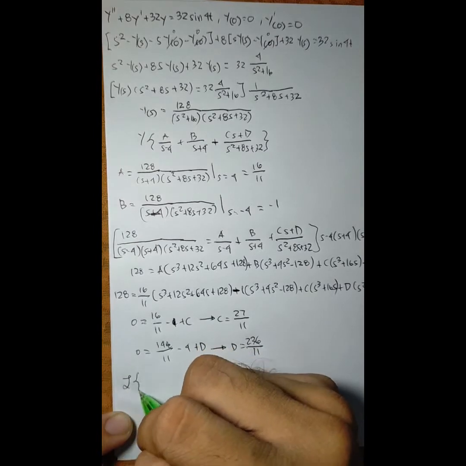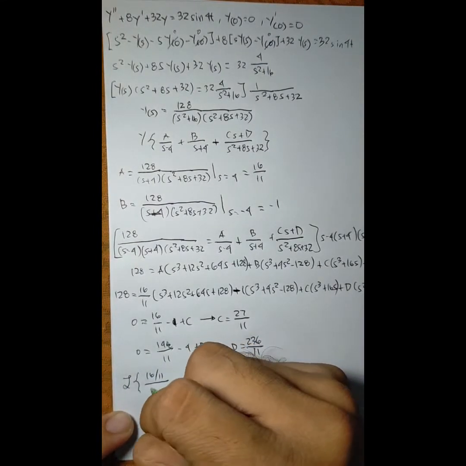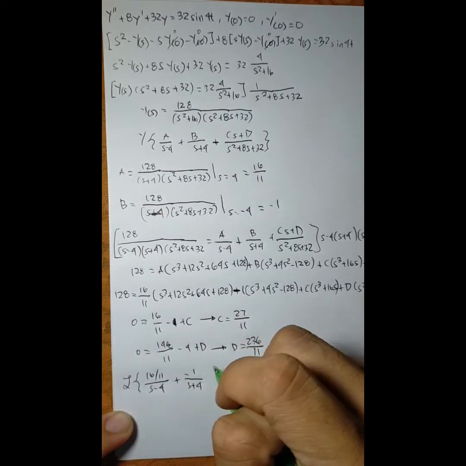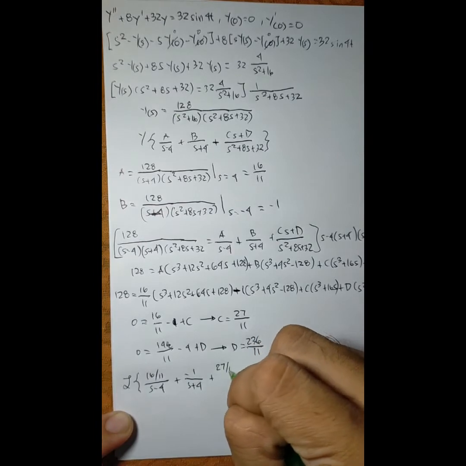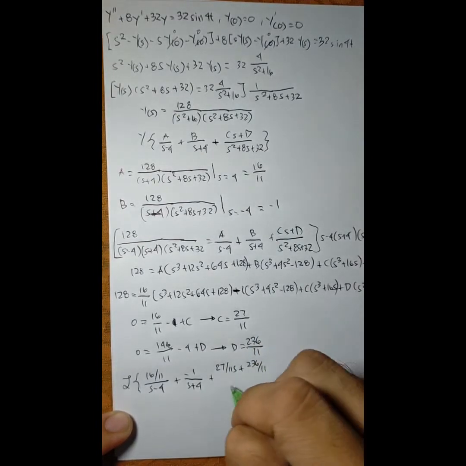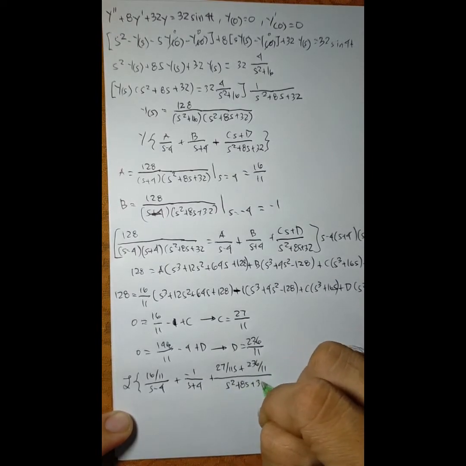So we have the Laplace inverse of 16 over 11 over s minus 4 plus negative 1 over s plus 4 plus 27 over 11 s plus 236 over 11 whole over s squared plus 8s plus 32.